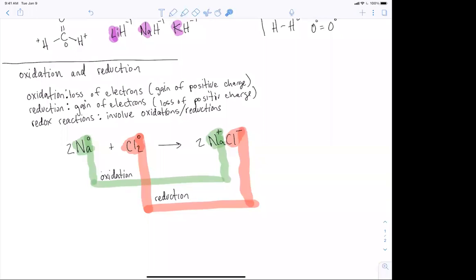And the same thing is true with these oxidation reduction reactions. Let's look at the reduction. If the chlorine is gaining an electron here, that has to come from somewhere. So something else must be getting oxidized. And in this case, it's the sodium. So oxidation and reduction reactions take place simultaneously, because you have to pick up electrons from somewhere.